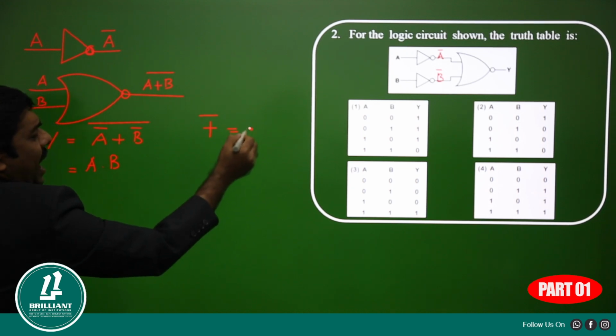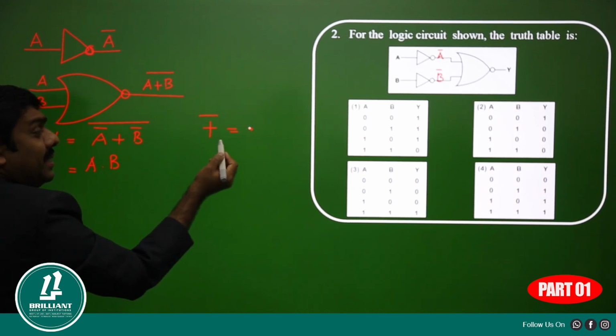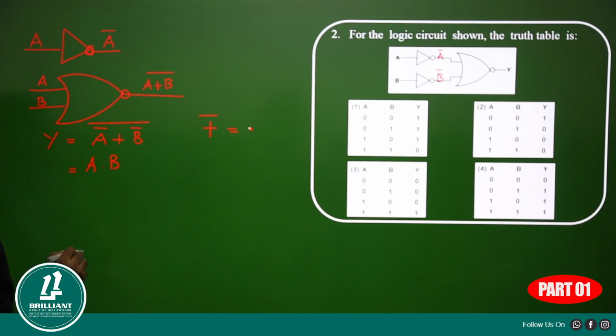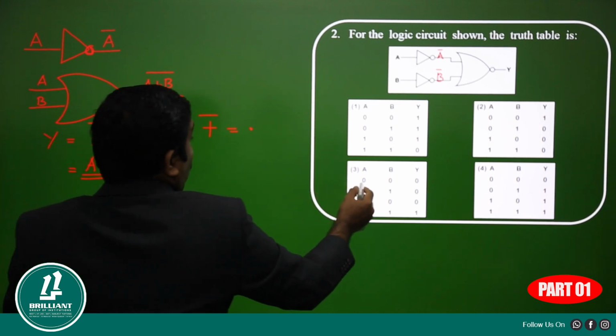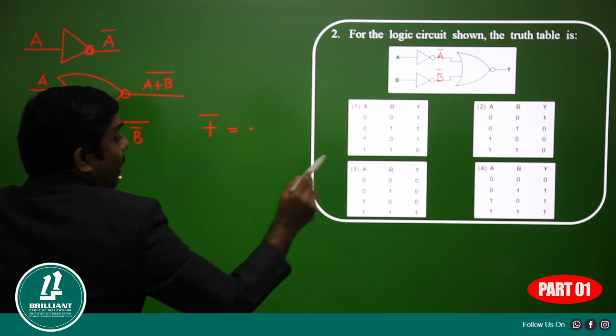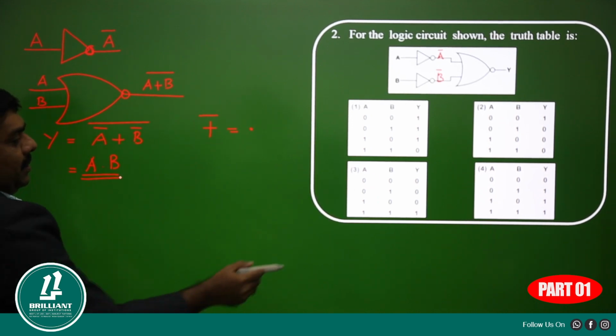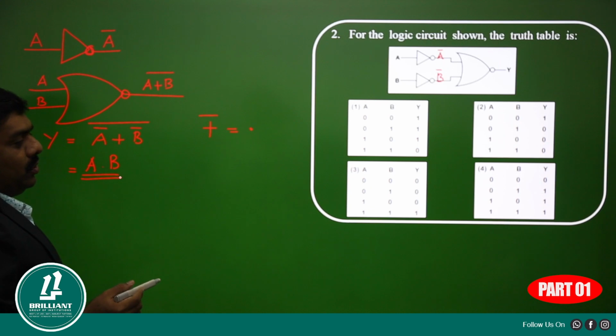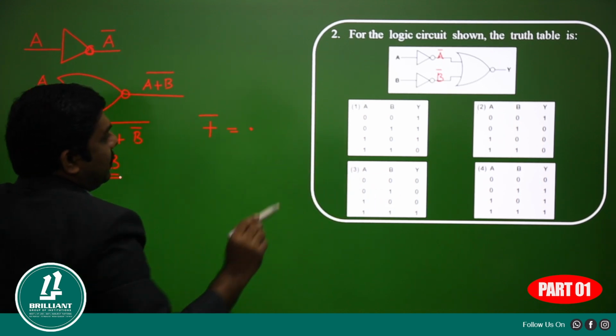And what is the and here? And means just multiplication, AND gate. So the equivalent operation is A and B. We can check which option is right. 0 and 0, 0. 0 and 1, 0. 1 and 0, 0. 1 and 1, 1.